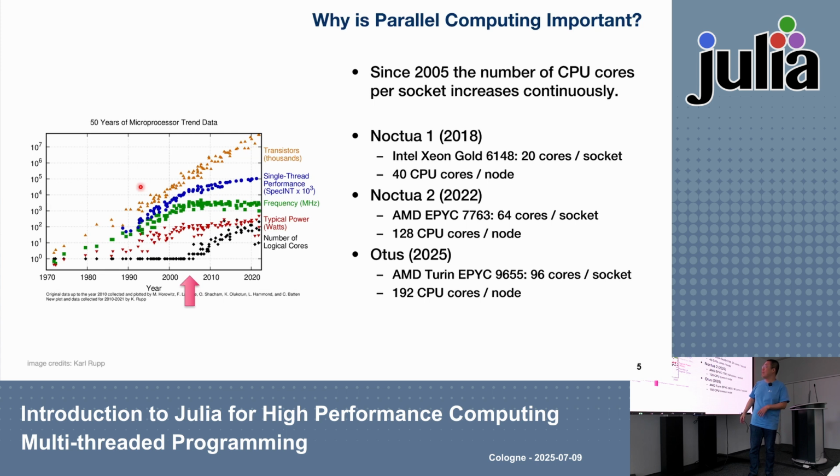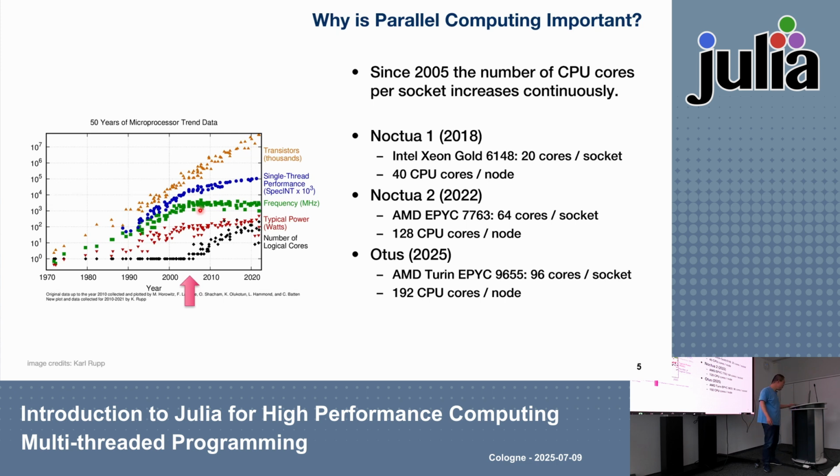And the single thread performance or single core performance for a processor does not look really great, but still increases. But one thing you may notice very clearly is the frequency of the processors. From 2005 until now, roughly 20 years, the frequency of a CPU is roughly 3 gigahertz or 4 gigahertz, maybe in the future 5 gigahertz, but no big change.